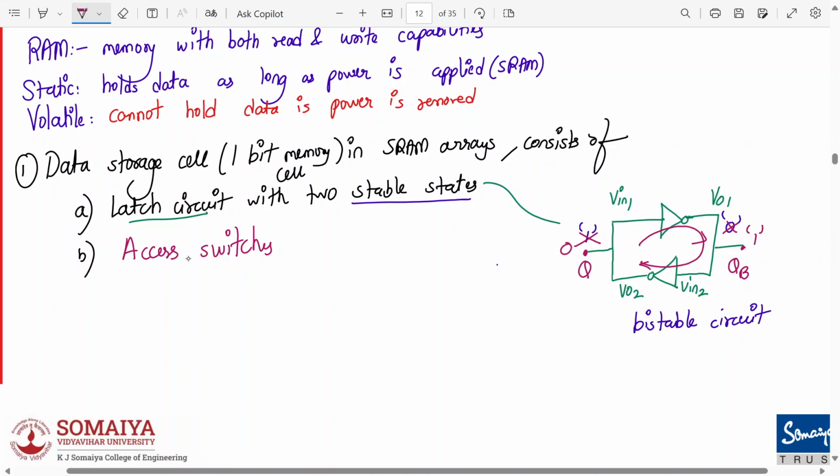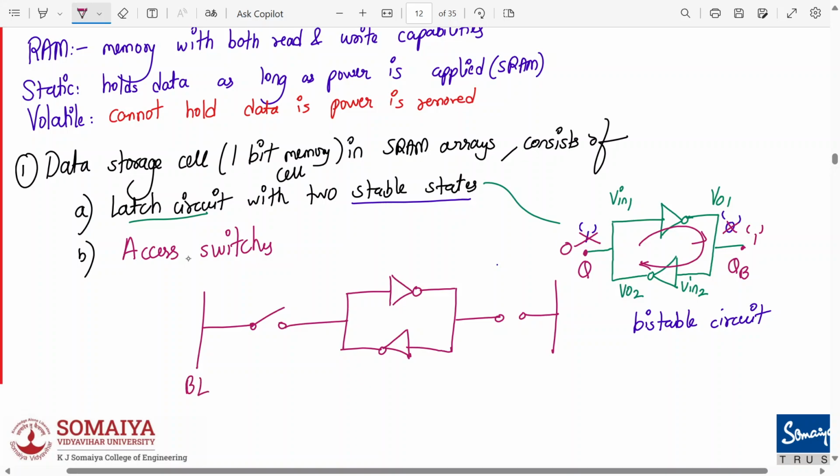Okay, so to access the memory, to read and write into this memory, we require access transistors. These are called switches. So this is drawn like this. We have two more control signals, which we call bit line and bit line bar, BLB.